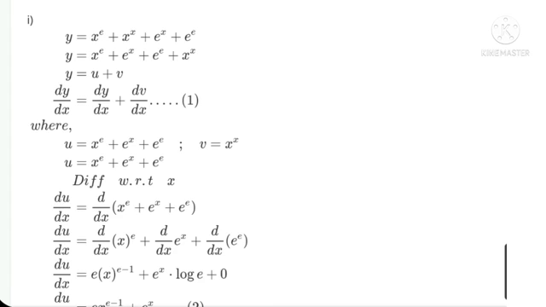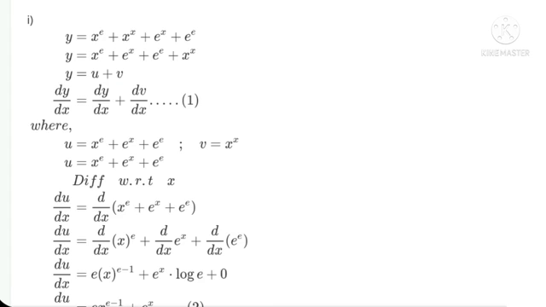Now you know what u is here, x raised to e plus e raised to x plus e raised to e, and what v is here, x raised to x. Okay, now you know dy by dx is equal to du by dx plus dv by dx. Okay, here du by dx, there is a printing mistake, du by dx.